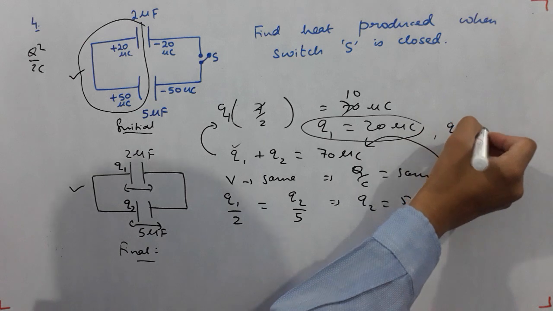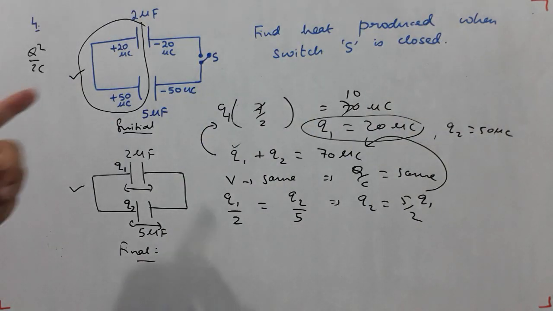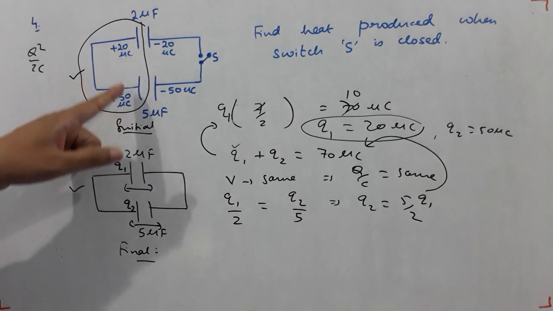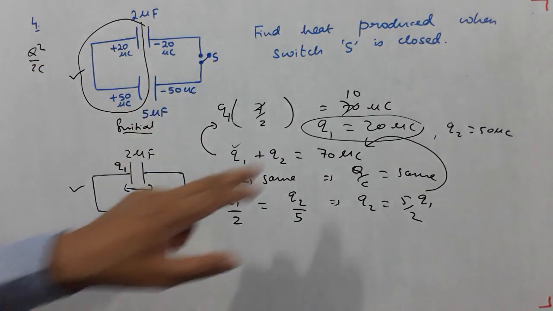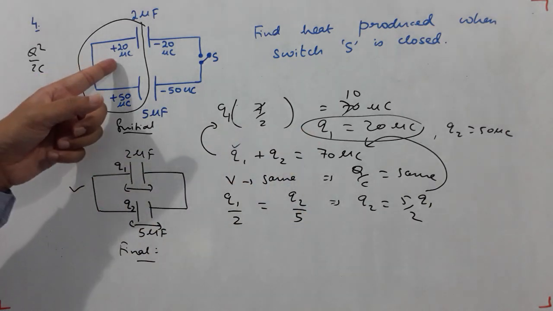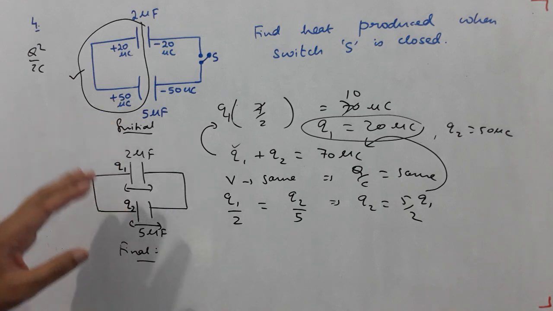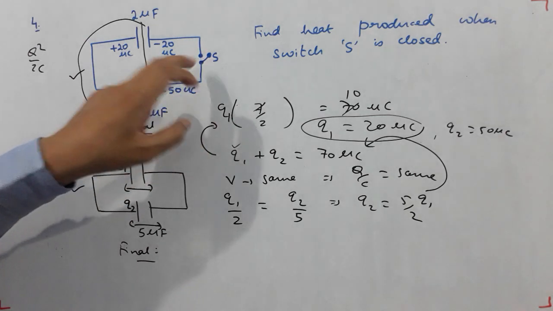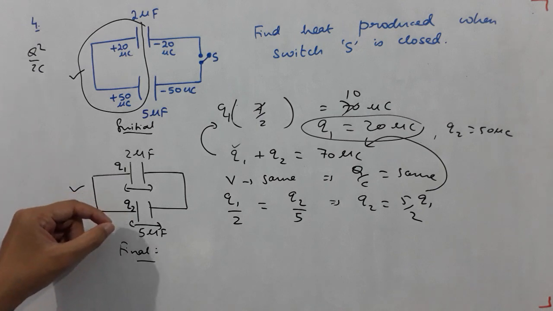So Q2 will be 50 microcoulomb. Now you will find initially Q1 was 20 microcoulomb, Q2 was 50 microcoulomb. After closing the switch, Q1 comes out to be the same value, 20 microcoulomb, and Q2 is 50 microcoulomb. That means after closing the switch, there is no redistribution of charge.